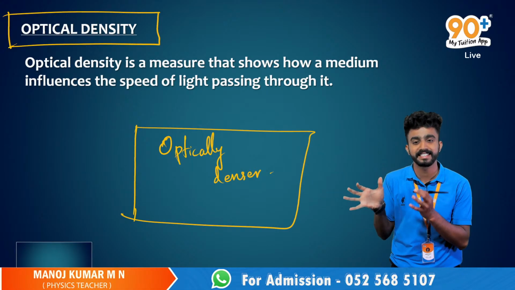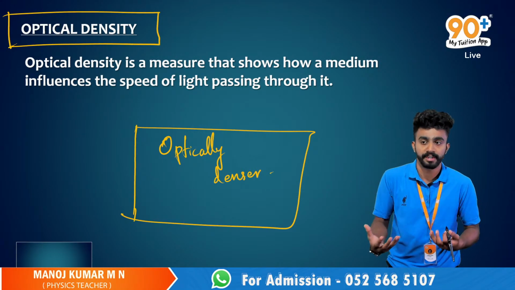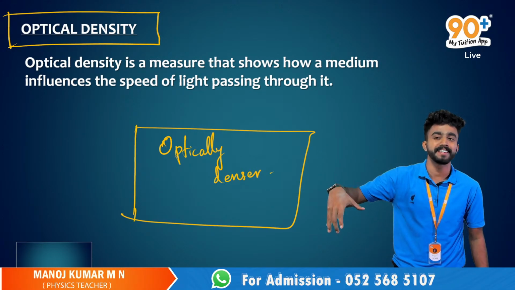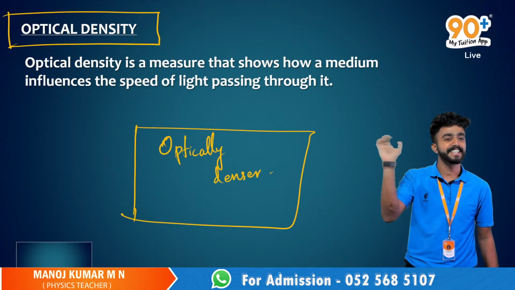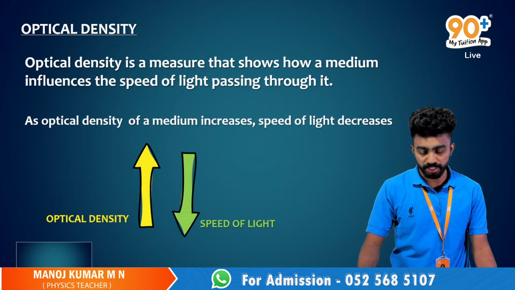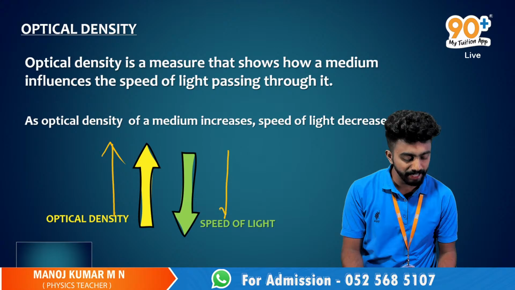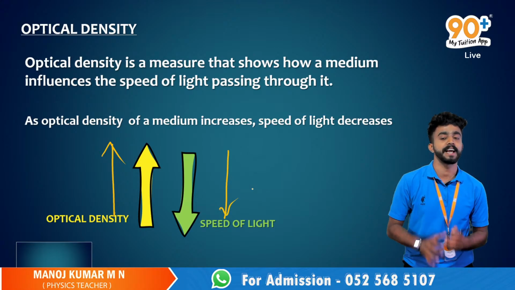So it is very dense. That medium is denser and optically it's influencing more, which means the speed of light will be decreasing as the optical density increases. So they are inversely proportional. That is, as the optical density increases, the speed of light decreases in that particular medium.